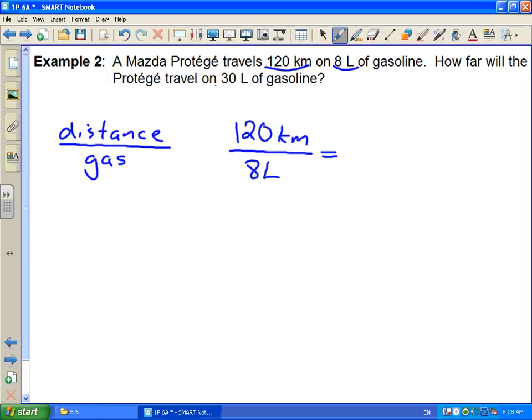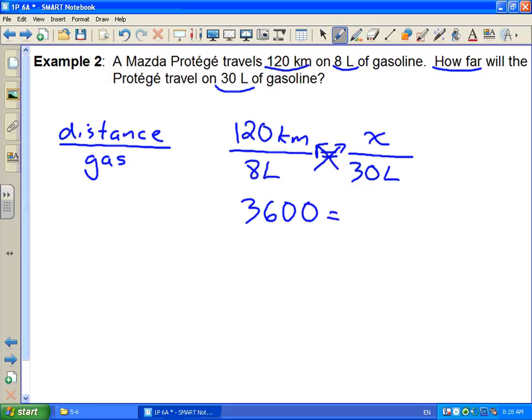Well, we're given 30 liters, which is clearly an amount of gas. So it's going to go down on the bottom. And what are we asked to find? We're asked how far, trying to find a distance. So that's going to be our x up there. And then, as always, we're going to cross multiply. 30 times 120 gets us 3,600, just punching that into our calculator. 8 times x gets us 8x.